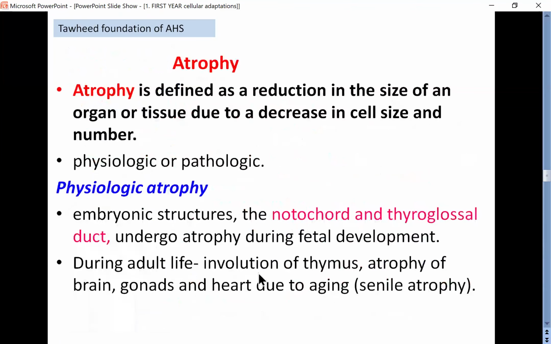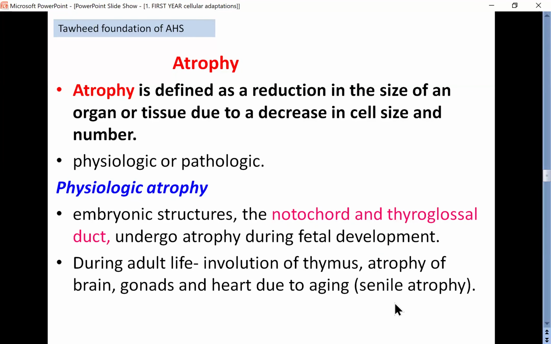Our brain and our heart will be a normal size during young age. When we move to older age, our heart and brain will start shrinking.